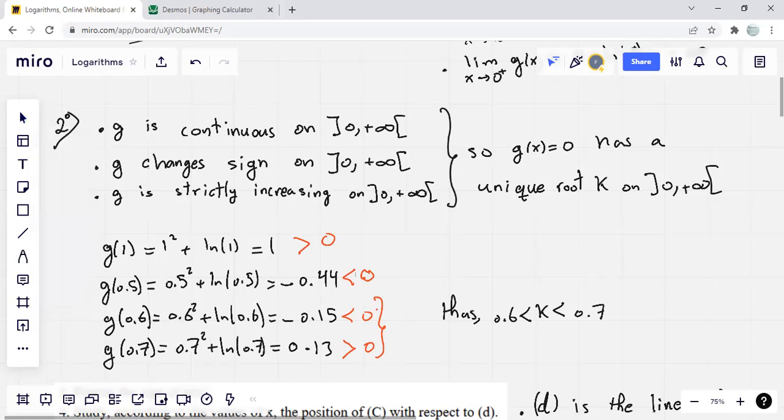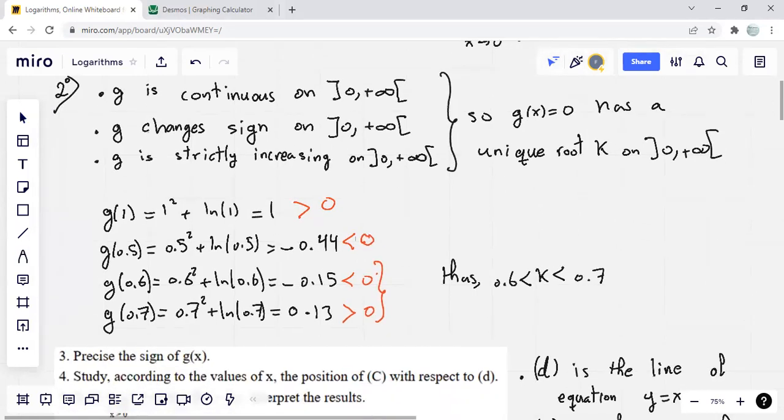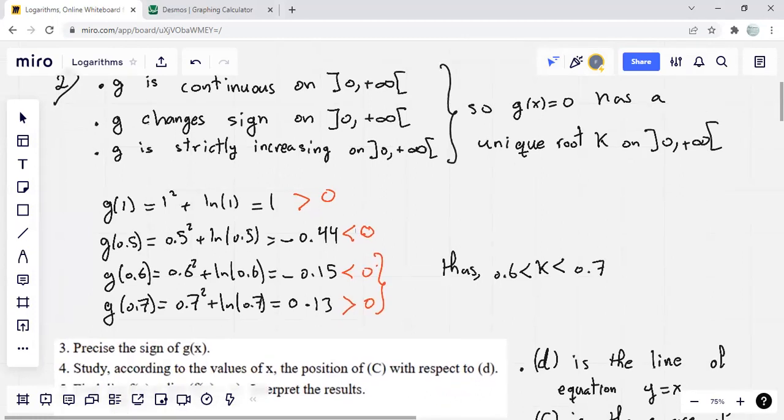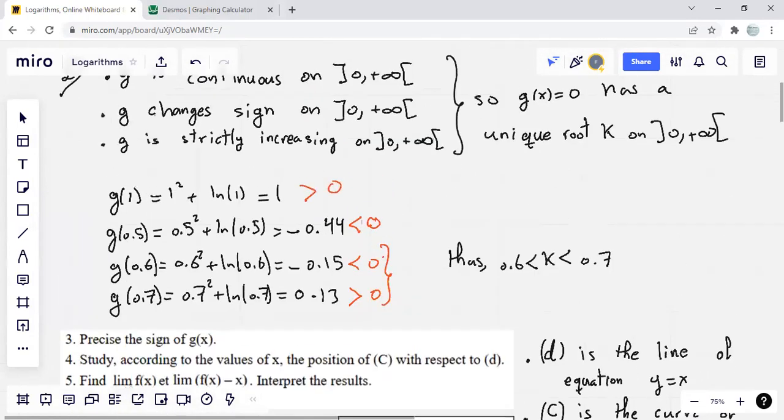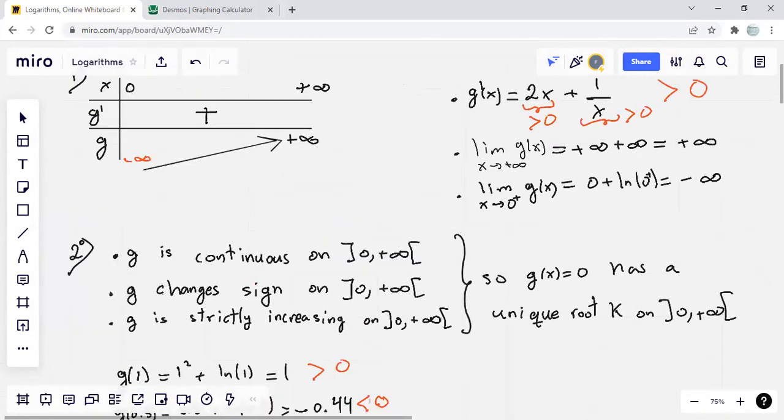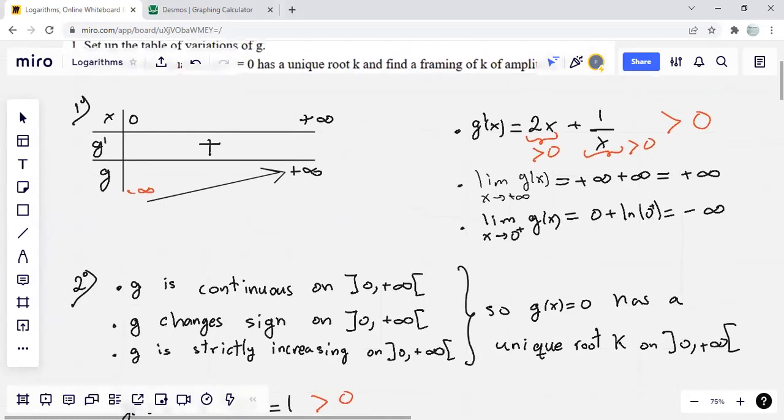Okay, so now let's continue. For part 3, we have to specify the sign of g of x. Here we know that g of x is increasing. At this root k, we do not know the value of k exactly. We know that it is somewhere between 0.6 and 0.7. Maybe it's 0.61, 0.65, whatsoever.